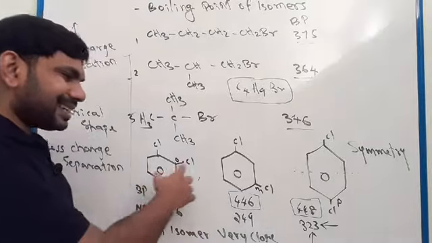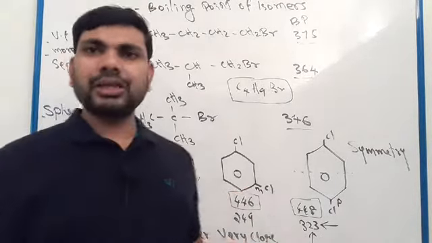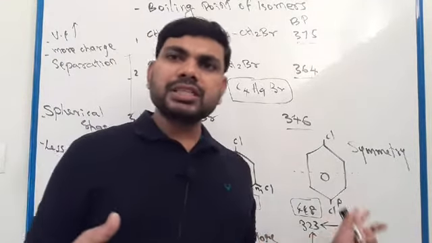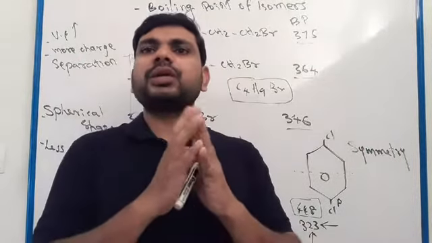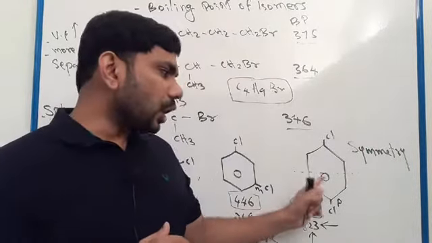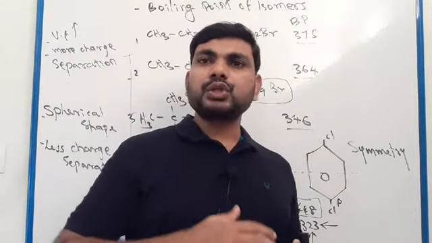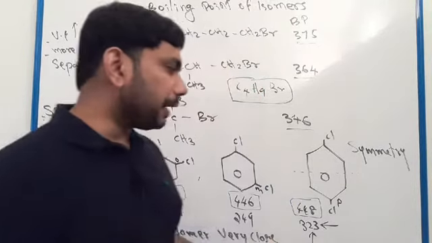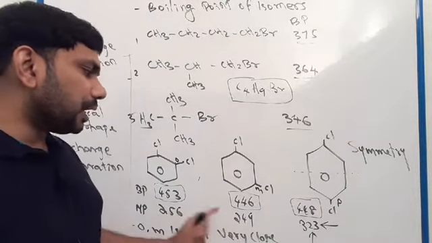Here the others are unsymmetrical molecules, but this is a symmetrical molecule. Because of their symmetrical structure, this type of molecule can pack very closely. So they have strong intermolecular force of attraction in the para isomer. To break this force, it needs higher energy. That's why the para isomer shows a higher melting point compared to the other two.